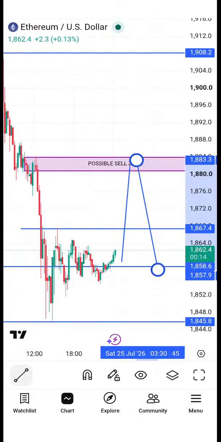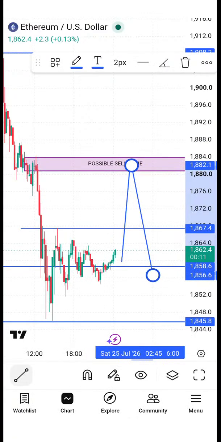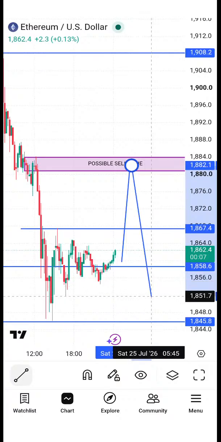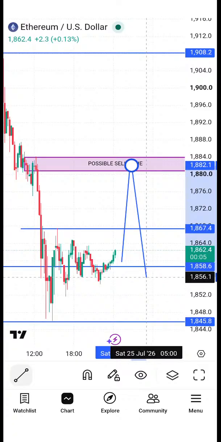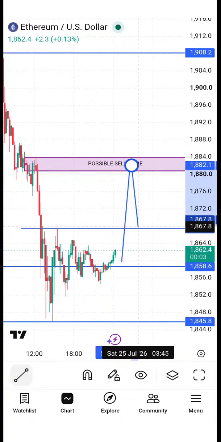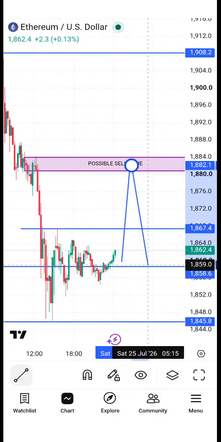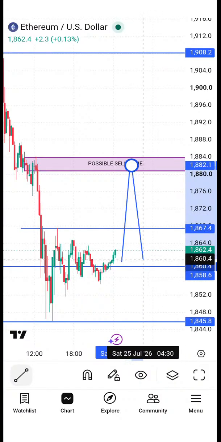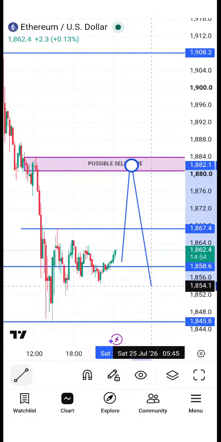You don't just sell because the market has touched your zone. You can sell there, then target here, or whatever order block that is here.